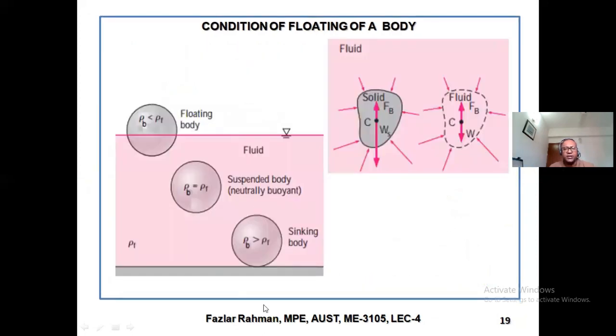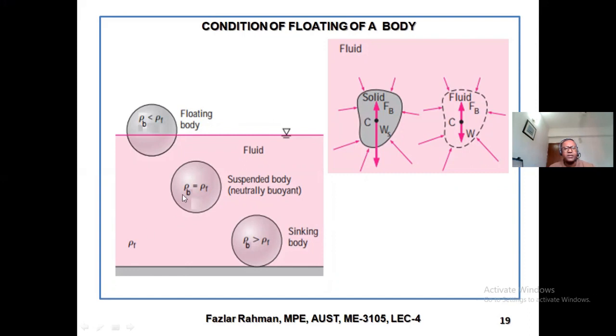Right over here, you see in this case a floating body, like a boat. Like you make a ball of the same volume with some foam, then with stainless steel, then with a lighter metal, might be aluminum, or might be with some vacuum inside. In that case, this will float because the density of the body is less than the density of the fluid.